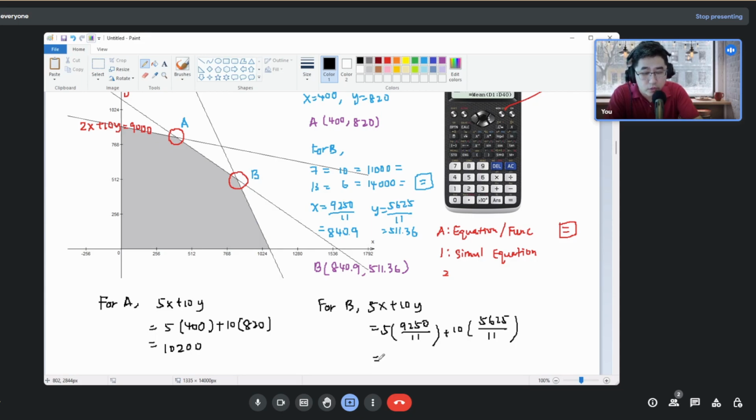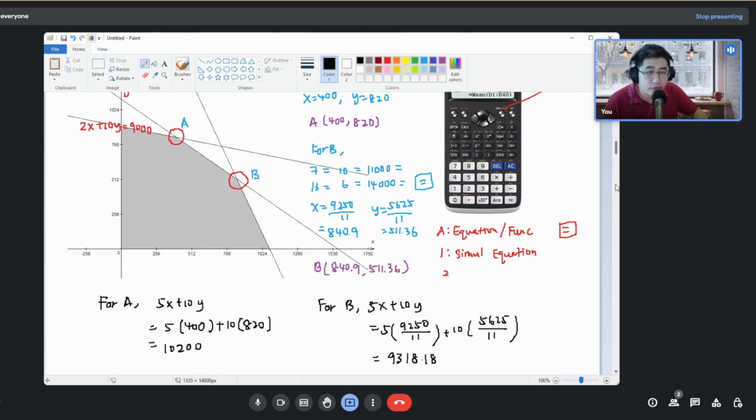So I will have 5 times 9250 over 11 plus 10 times 5625 over 11, which gives a value of 9318.18.